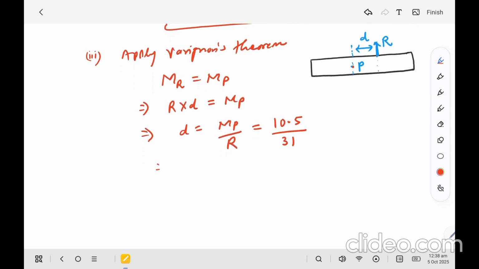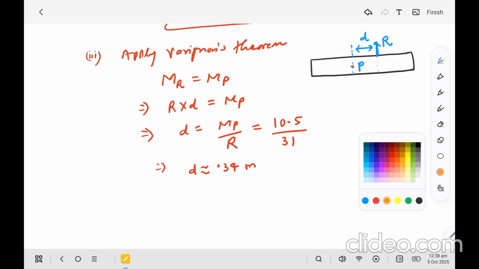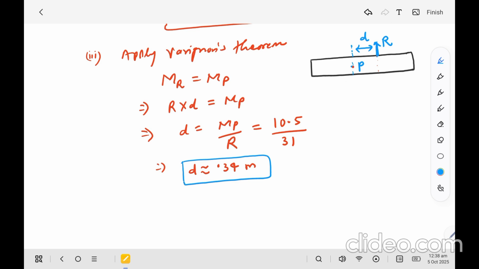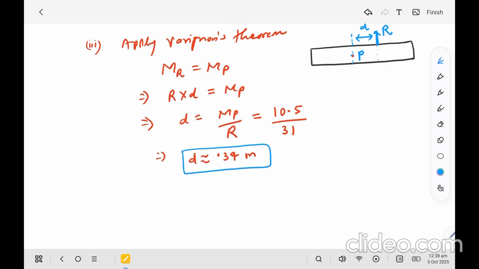So D is approximately 0.34 meter. This is the value of D from point P.